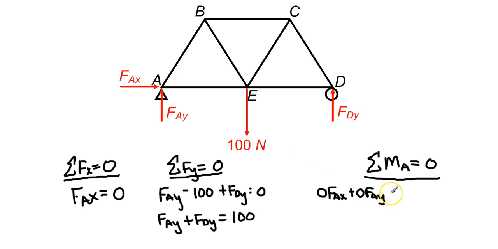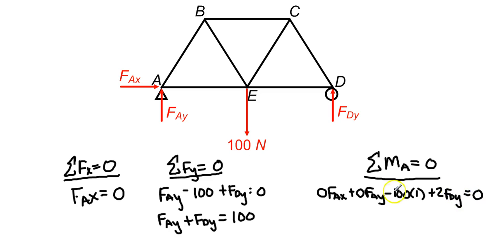Our 100 Newton force, since all these members are 1 meter, is minus the force times the distance from the pin. Our last force is F dy, which is 1 and 2 meters away, so plus 2 F dy.